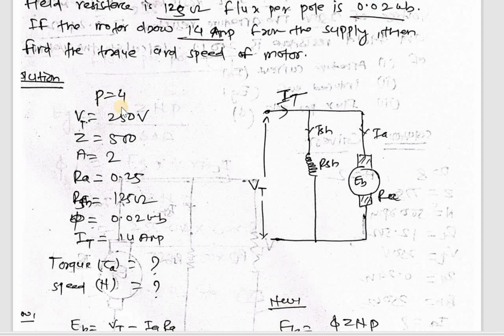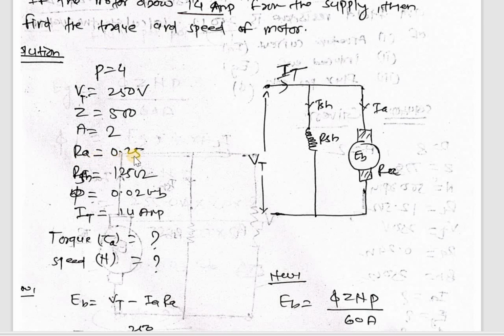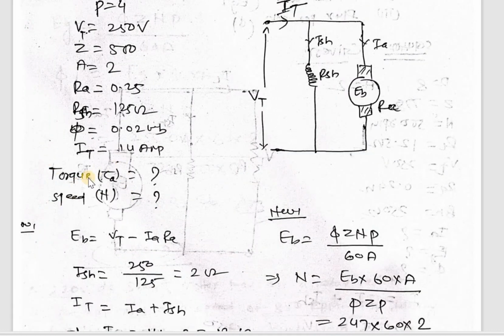First of all, the number of poles is 4, Vt 250, Z 500, A equal to 2 because it is wave winding, Ra equal to 0.25, Rsh equal to 125, and phi equal to 0.02, It equal to 14 ampere. We have to find the value of torque and speed.